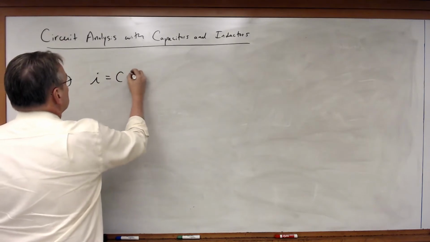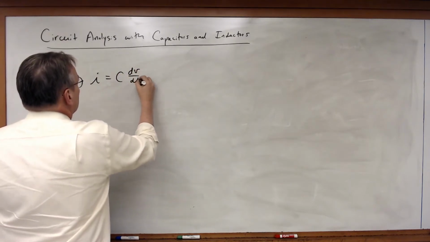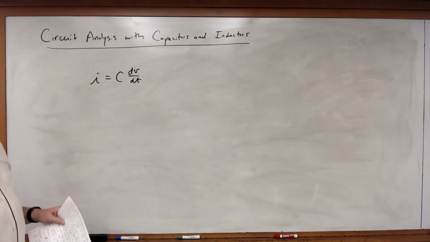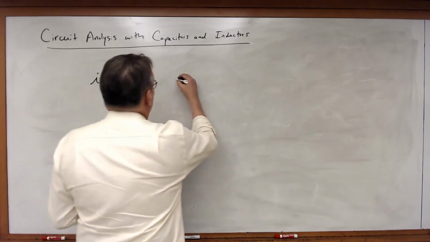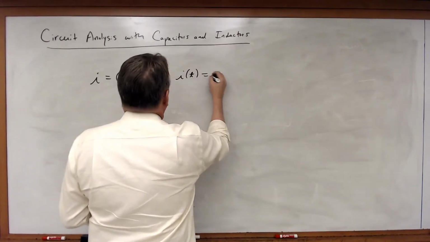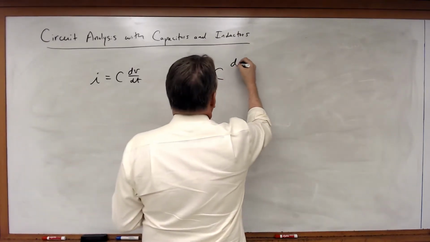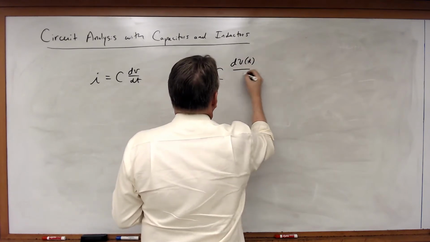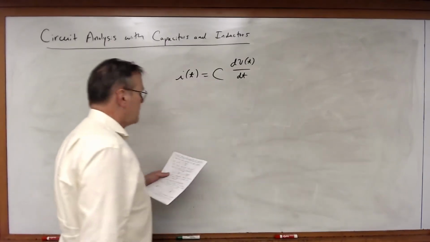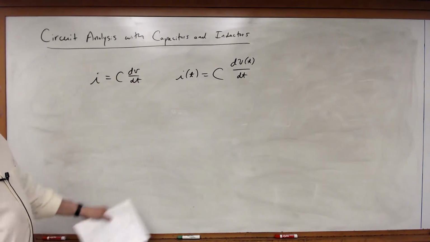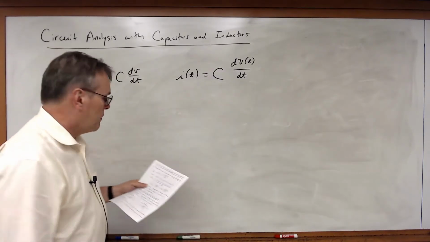I is equal to C dV/dt, for example, for a capacitor. Or to put it more accurately, i(t) is equal to C dv(t)/dt. So let's define this voltage.